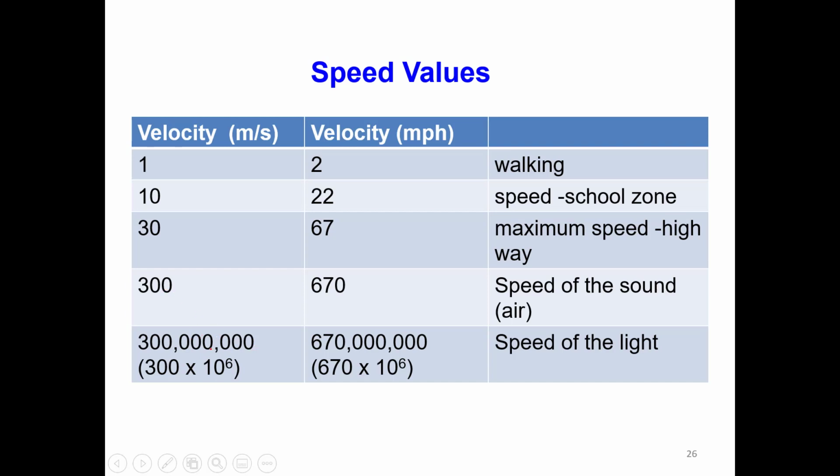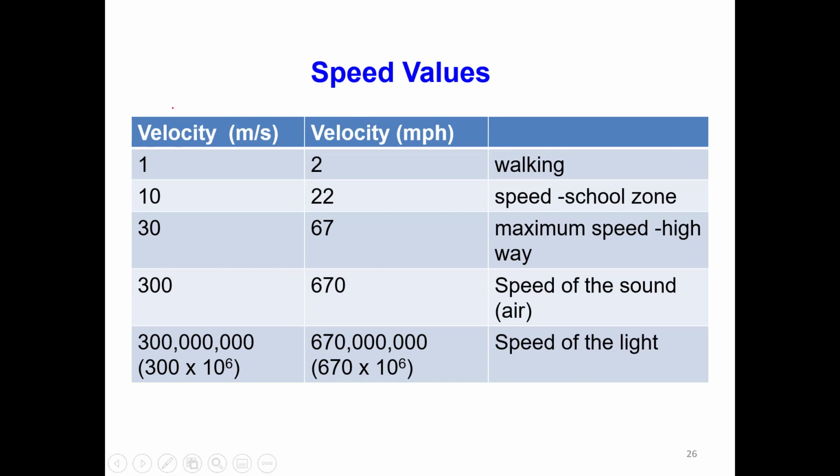Then how many times greater is the speed of the light compared with the speed of the sound? It is 1 million times. Then the light travels 1 million times faster than the sound.